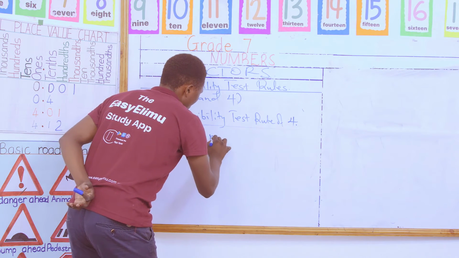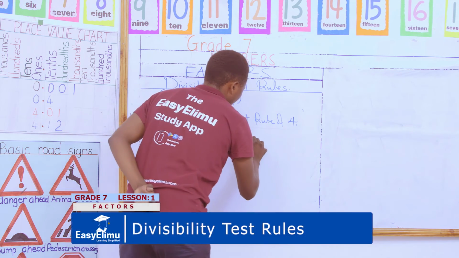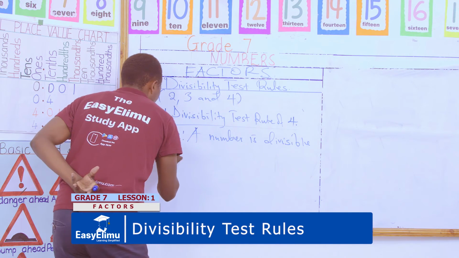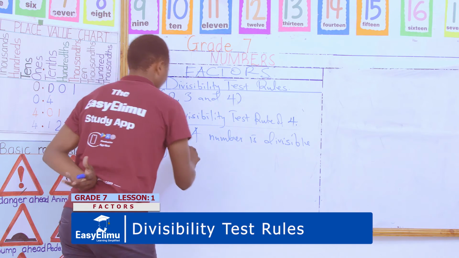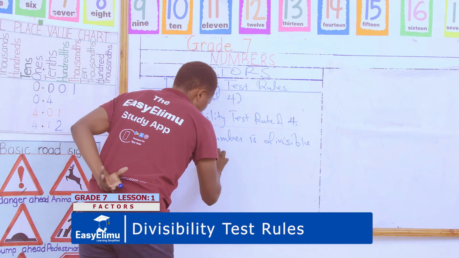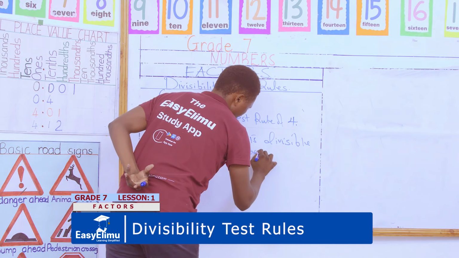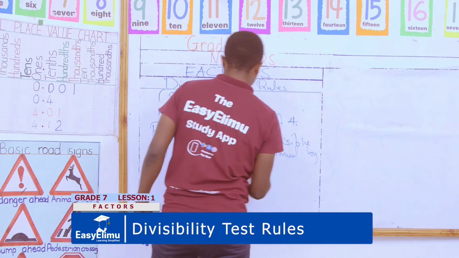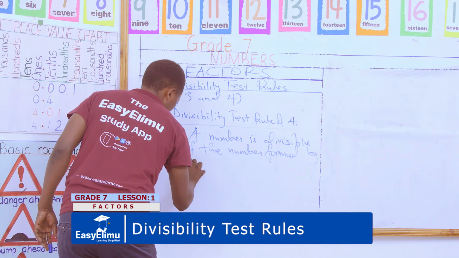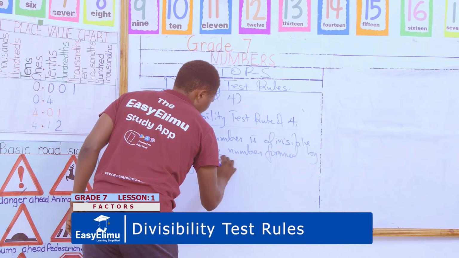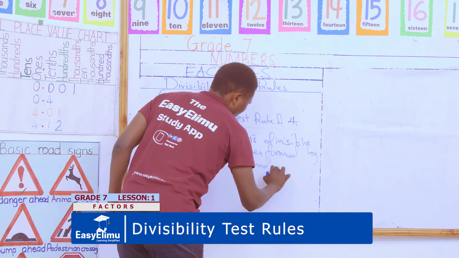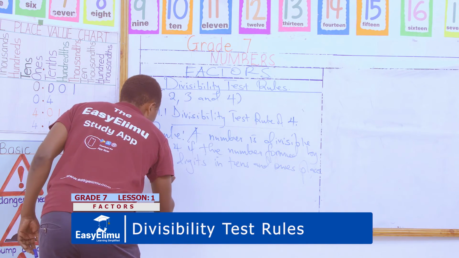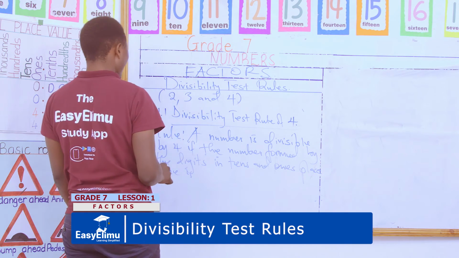A number is divisible by 4 if the number formed by the digits in tens and ones place value is a multiple of 4.